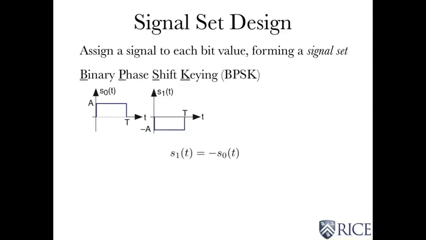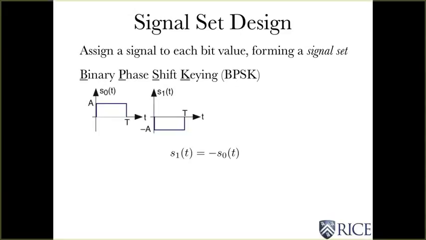Let me give you a simple example, the simplest digital communication case that we have. It's called BPSK, which stands for Binary Phase Shift Keying. Keying is an old word which comes from the telegraph days, when sending dots and dashes was the same as sending zeros and ones in many ways. That's where the terminology is borrowed from.